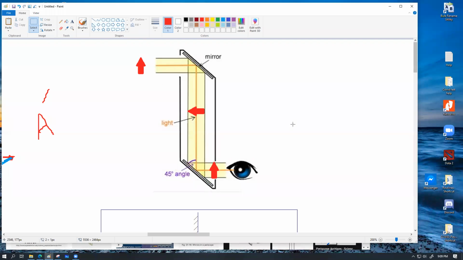See if you can make sense of it. Yes, sir. So this will make the object look pretty much upright, so you don't have a problem of vision. It will not appear that a tank is upside down. And also, in the first mirror we're gonna have one lateral inversion, and over here, another lateral inversion.